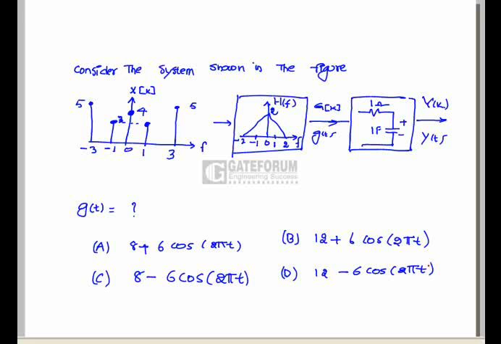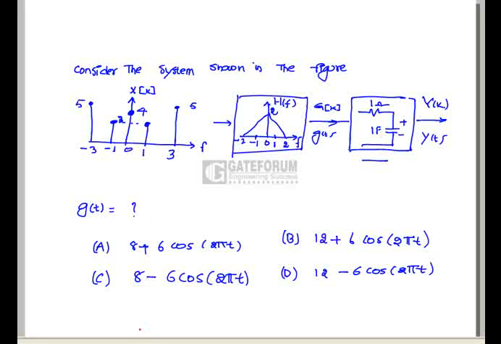Question is, consider the system shown in the figure. Here x of k is the discrete domain sequence and thus h of s performs the filtering action on x of t, and this block corresponds to a low pass filter whose time constant equals to 1.